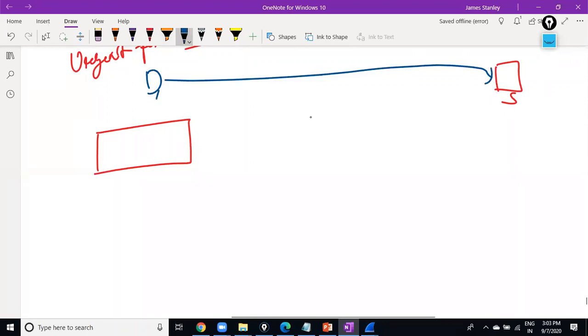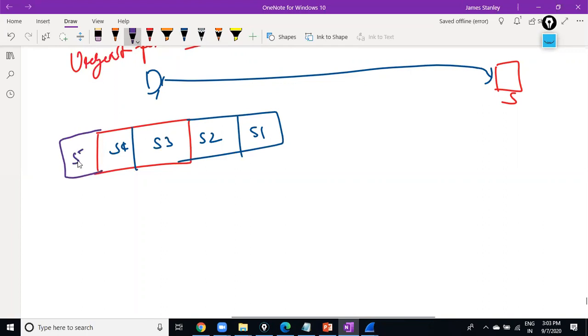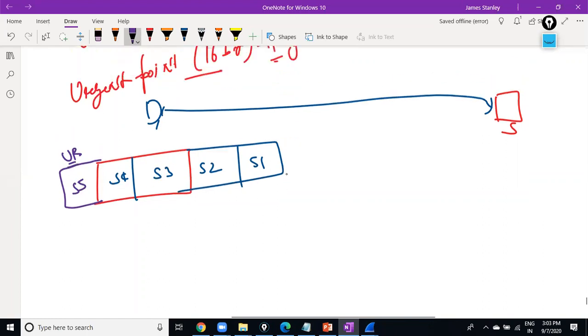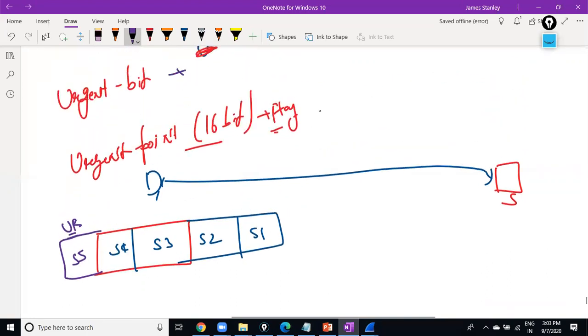I'm downloading so much data, and so many segments are sent. Segment 1, segment 2, segment 3, segment 4. 4 segments are already there, and now this is my 5th segment, and this is about urgent data. For the urgent bit and urgent pointer, both will be 1 at that time.